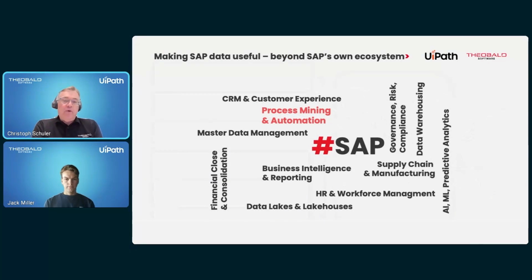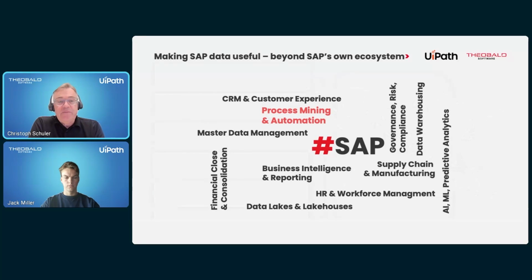So a little bit more about our solutions. Theobald Software is all about making SAP data useful beyond SAP's ecosystem or outside of SAP's own applications. Customers need access to SAP data, for example, for business intelligence and reporting solutions, or they may want to integrate SAP data into third-party data platforms or data lakes from vendors like Microsoft, AWS, Databricks, or Snowflake, or others.